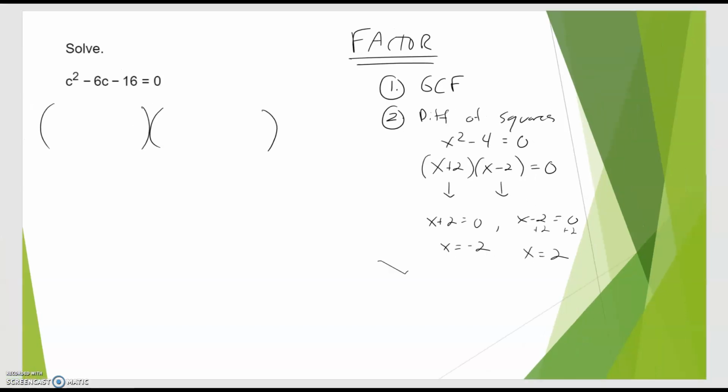Okay. My third case is what I'm looking at here, which I like to write as x squared plus bx plus c. It's called a quadratic trinomial where the leading coefficient is 1.